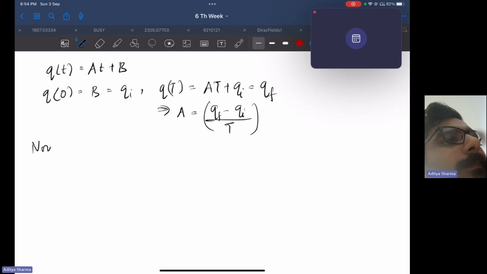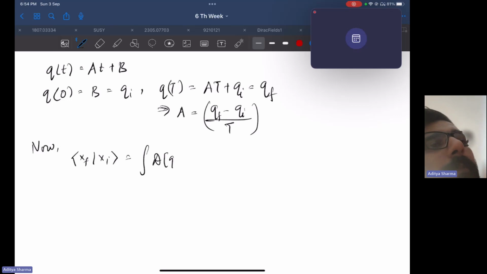Now calculate the overlap integral. We want to calculate the integral Dq e to the power i S of q t.